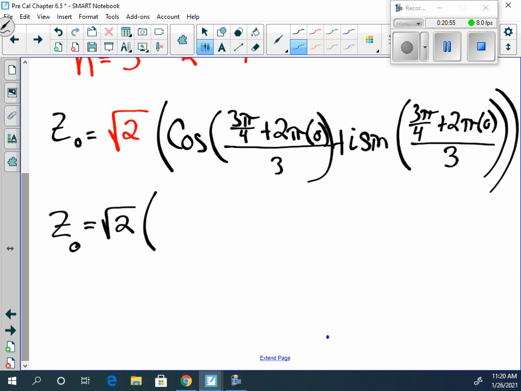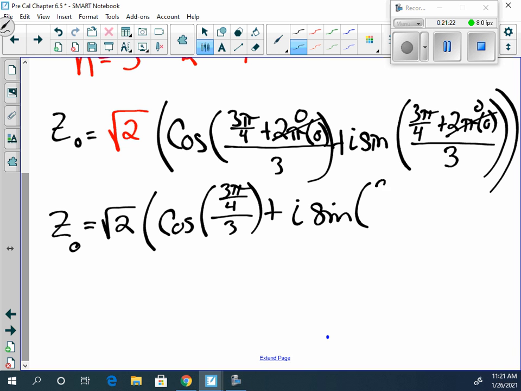Now, looking back at this here, cosine of 3 pi over 4 plus 2 pi times 0 divided by 3. Well, 2 pi times 0 is what? 0. That whole thing is 0. So what I'm left with is cosine of 3 pi over 4 divided by 3, plus I sine of 3 pi over 4 divided by 3.